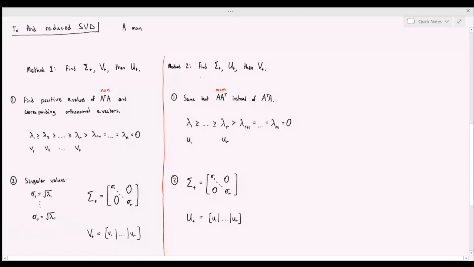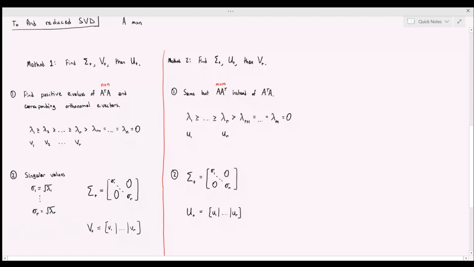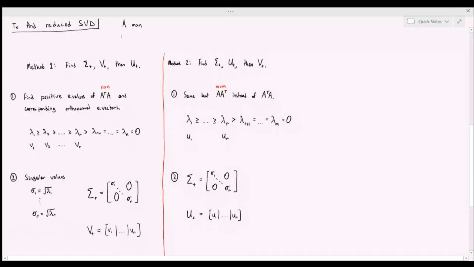Whereas in method two, when you're looking at A A transpose, it's going to be size m by m instead, okay? So it might be easier to start with whichever one is the smaller matrix, because if your matrix is smaller, in theory, it'll be a little bit easier to find its eigenvalues and eigenvectors, okay?